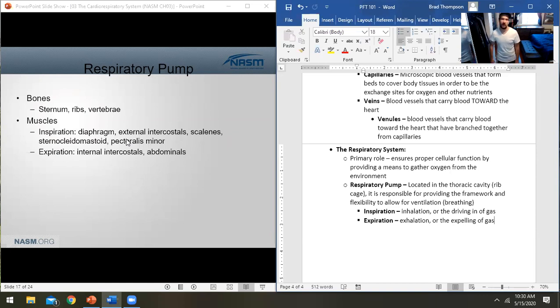They're there to help when you're breathing like this. They're there to assist and open all that stuff up, but they're not supposed to do a lot of work. Just like your other secondary respiratory muscles, your internal intercostals and your abdominals, they're there to contract and push air out of your lungs. They are secondary. They're not supposed to do most of this work.